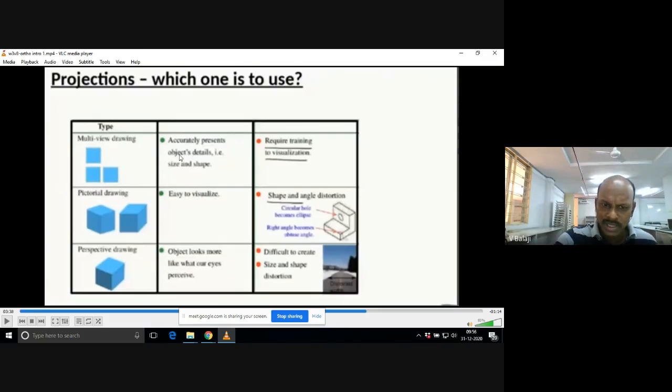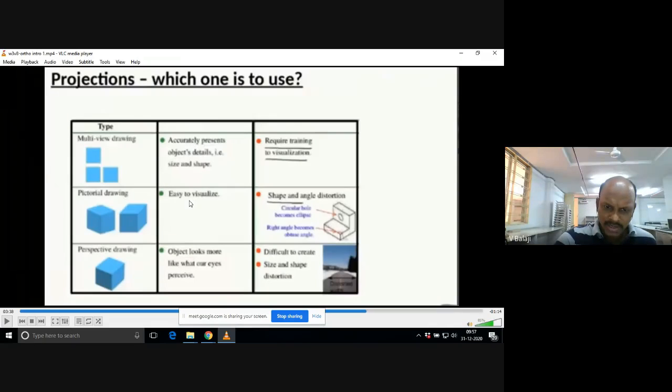Some theory is given, right? Multi-view accurately represents the object's details, size, and shape. Here it requires training for visualization. So in our subject, we will get trained: how to visualize a particular object, what is its side view, what is the top view, how to draw its different views.